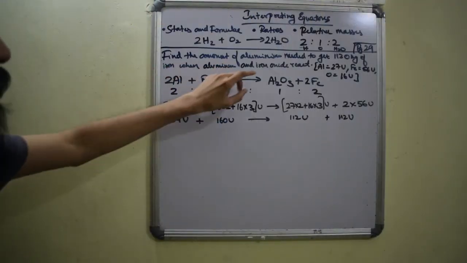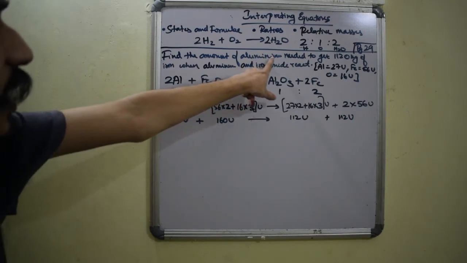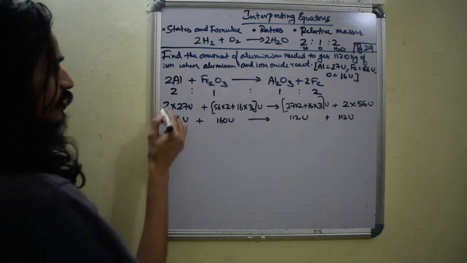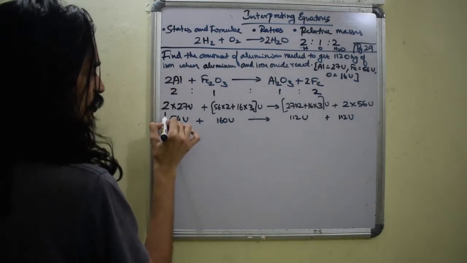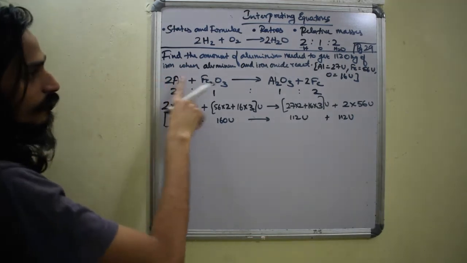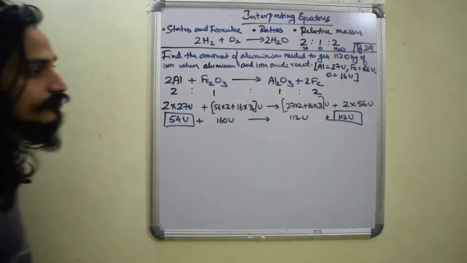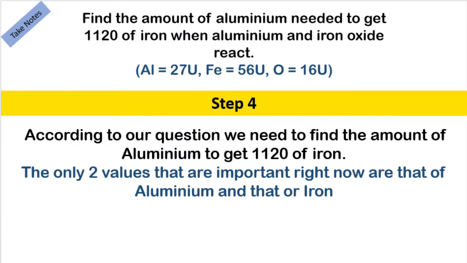Now in the question he asked me, find how much aluminum is needed to get iron. If I notice, aluminum is here, which means this one, to get iron, which is Fe, which is this one.